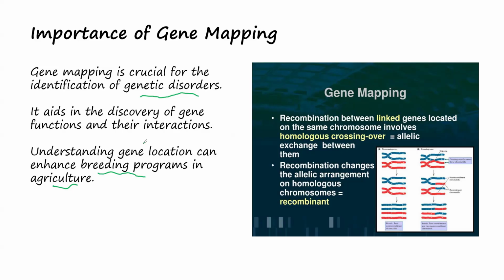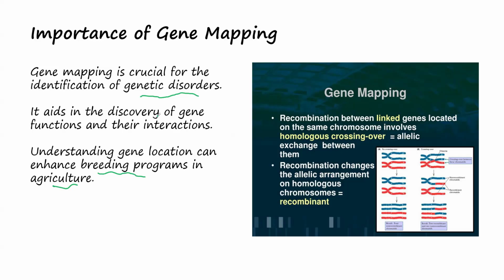And of course, gene mapping is very important. Recombination between linked genes located on the chromosomes involves homologous crossing over. Ladies and gentlemen, one very important thing is that genes are alternative forms, usually in two forms.